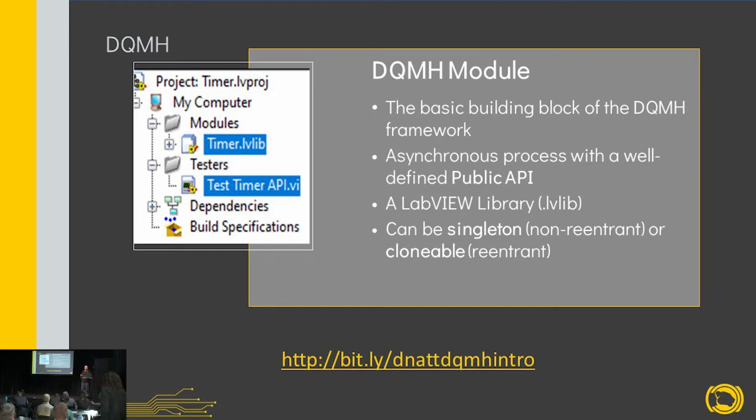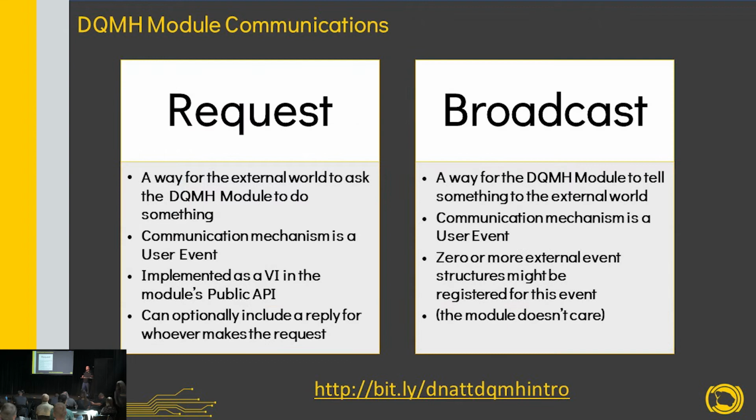This module can have a really well-defined API. What you can do with a module is request the module to do something, and it can actually give an answer back to the caller. The communication mechanism is a user event. And the module can be broadcasting information.